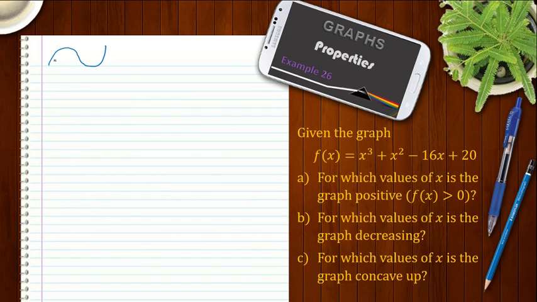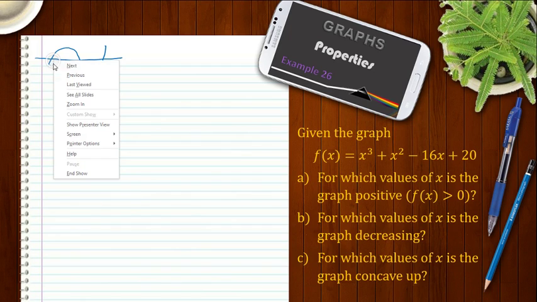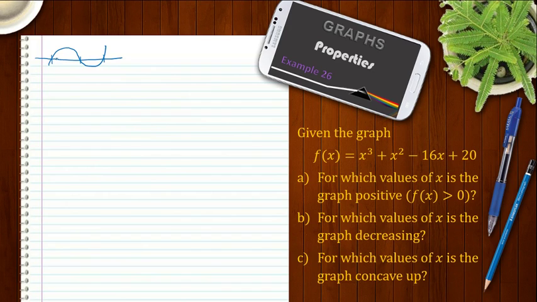And we need to find the intercepts to be able to find where my graph is positive. Remember, we need to find the intercepts, because the intercepts tell us where it changes from negative to positive, from positive to negative, and so on.